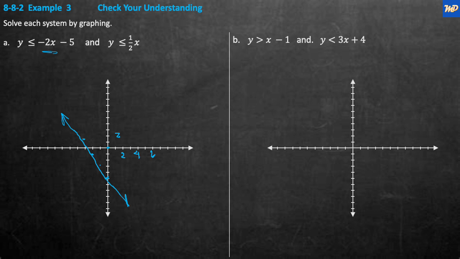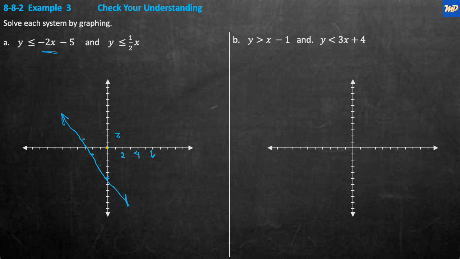And now we have y is less than or equal to 1/2 x. Well, we're going to change the color of this to, let's do an orange. So when x is 0, y is 0. So here's this y-intercept. And so the slope here is 1/2. That means we're going to go up 1 and to the right 2. Up 1 and to the right 2.